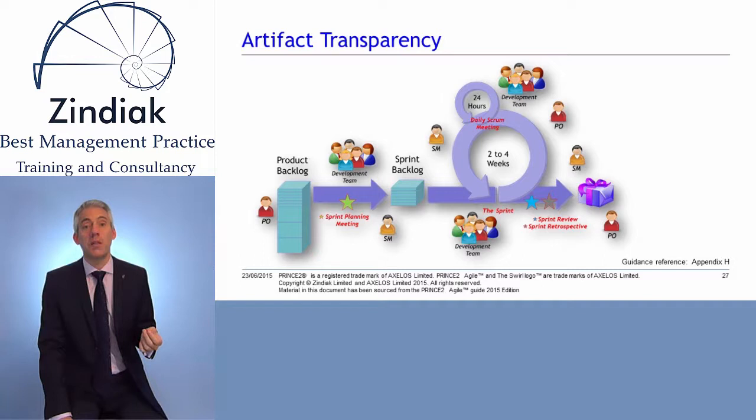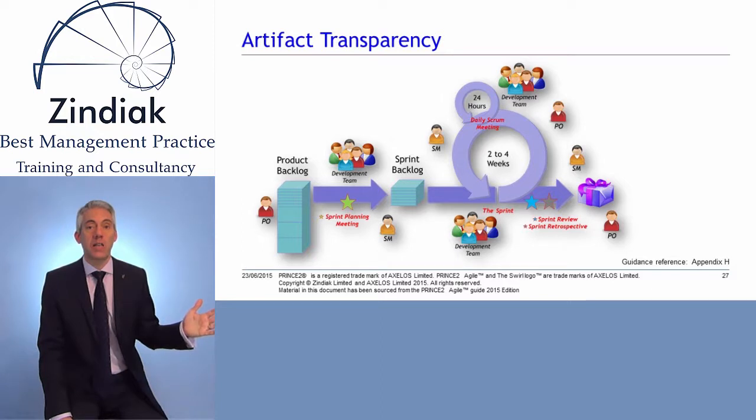During the sprint, the development team will have a daily scrum at which they will discuss how the current sprint's going and how they can improve their performance and ensure they deliver the sprint backlog. At the end of the sprint, the completed products are delivered to the product owner and they form the increment.